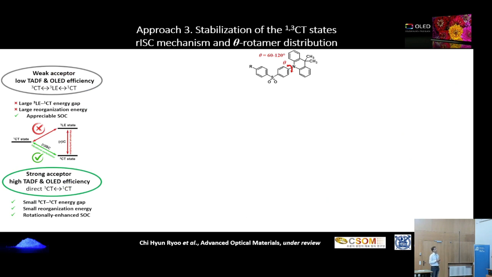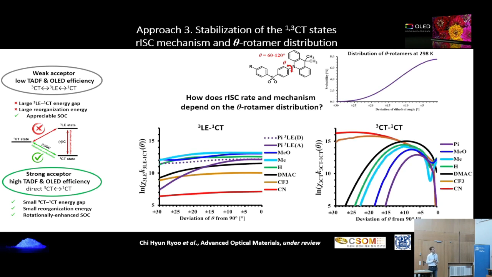So we also understood that the CT-CT transition is not only allowed, but it's also very important for high performance in OLEDs, because for all the rotamers, even though there are not so many of them, the emitters which are trapped in the non-equilibrium positions need to be converted effectively to singlet states.